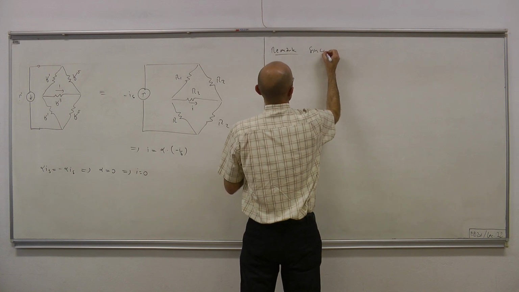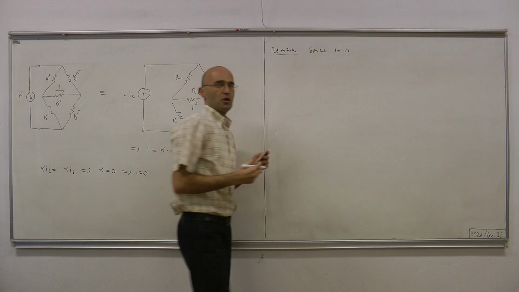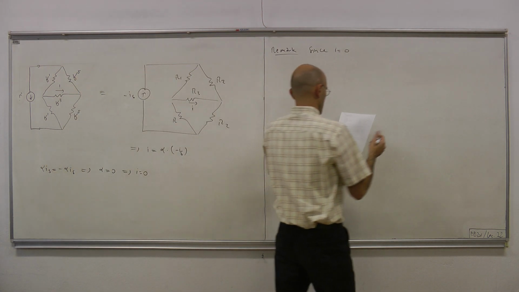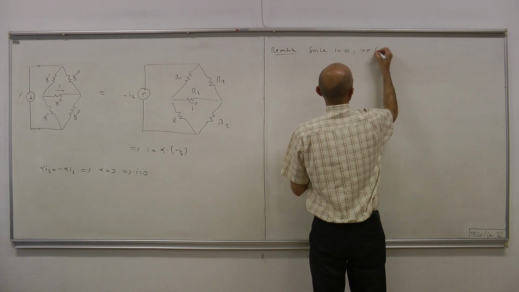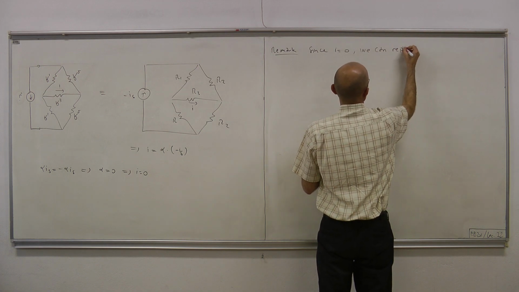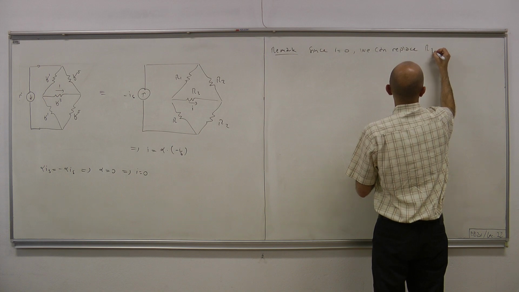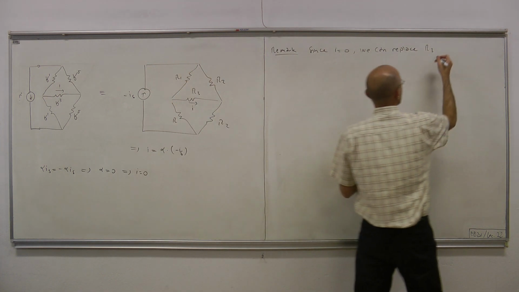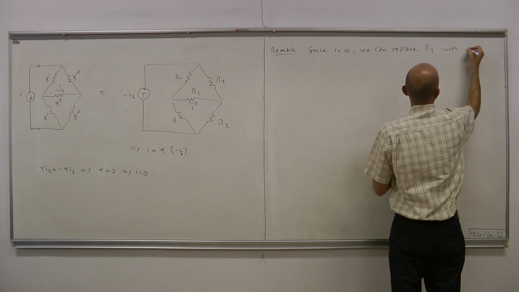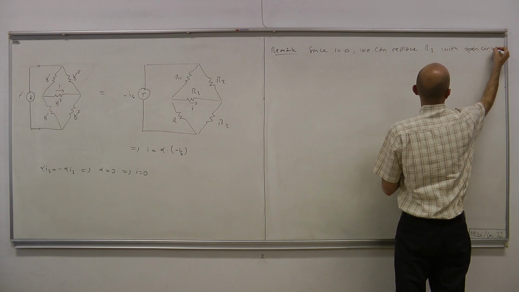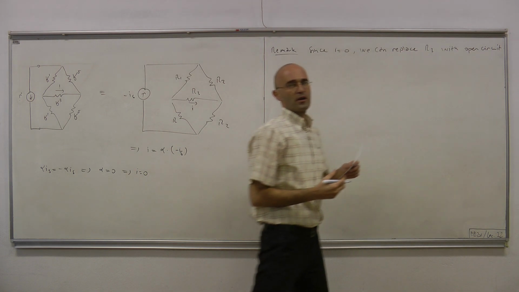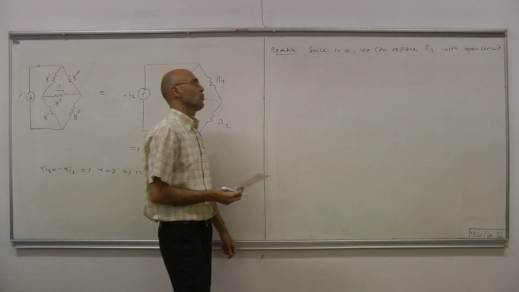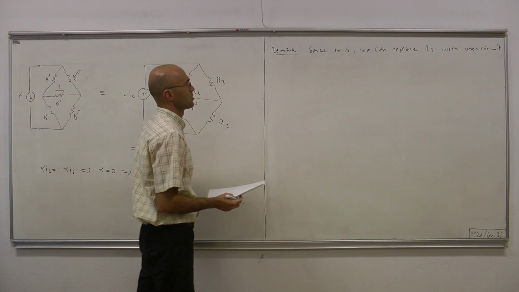Since I equals 0 under all circumstances, we can replace the bridge resistor R3 with an open circuit, by the substitution theorem. The current through it is always 0, therefore we can replace it with an open circuit.